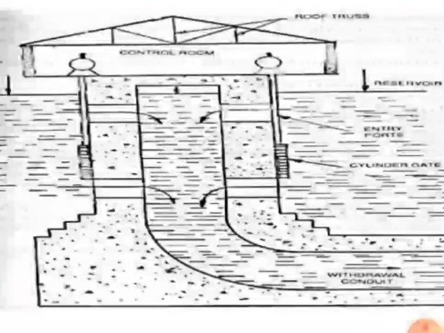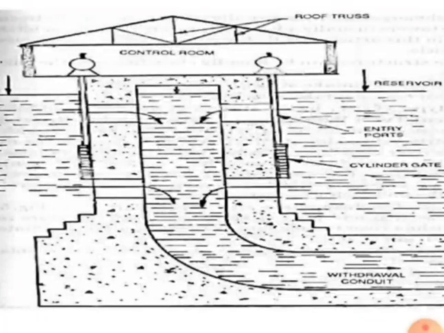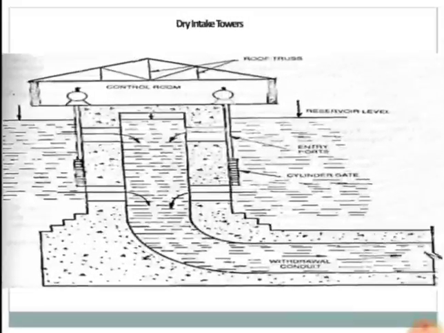When the entry ports are closed, a dry intake tower will be subjected to additional forces, so it must be of heavier construction compared to a wet intake tower. They are useful since water can be withdrawn from any selected level of the reservoir by opening the port at that particular level. So this is a dry intake.